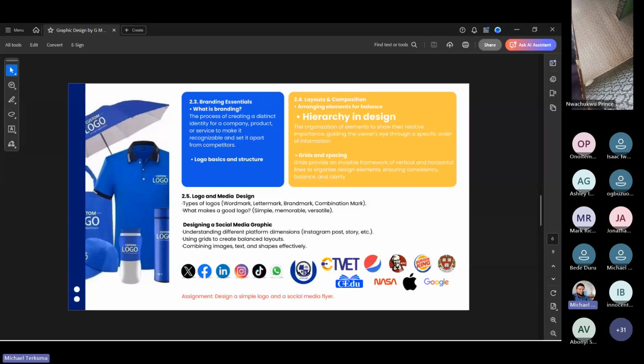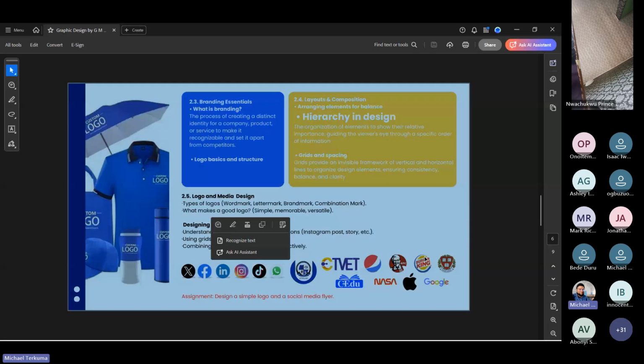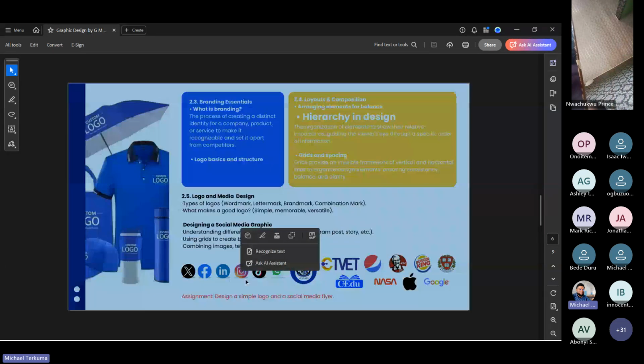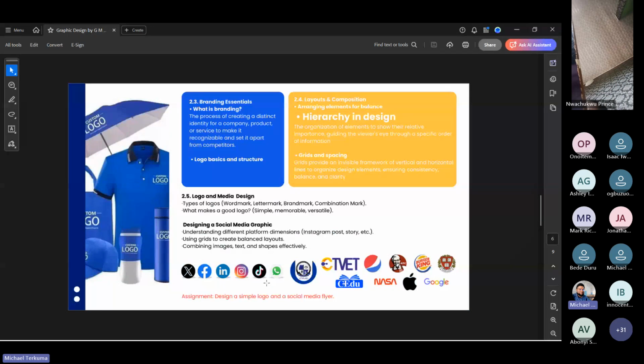Look at Facebook, it's just F. There's no writing of Facebook there. Look at LinkedIn. These people understand what the brand identity stands for. That is why they use this kind of style.